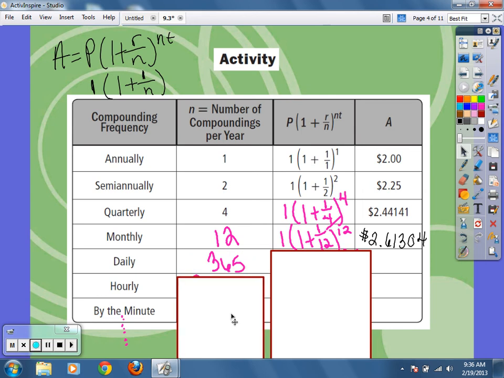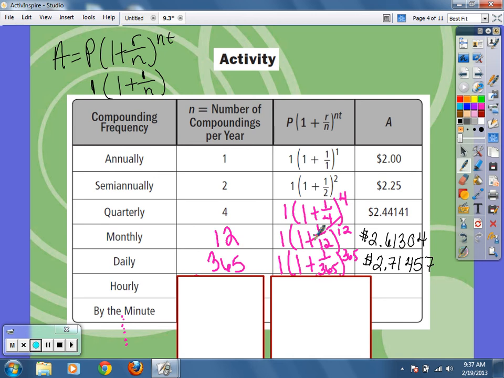Daily, 365. 1 plus 1 over 365 to the 365th power. How much are we going to make? Looks like $2.71 and some partial pennies. Okay, how about hourly?